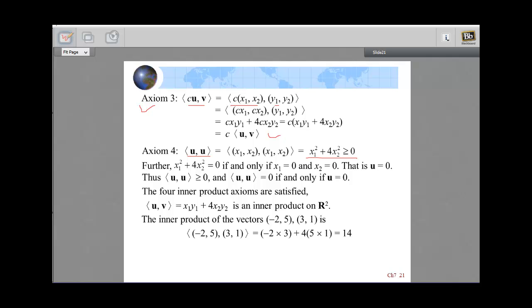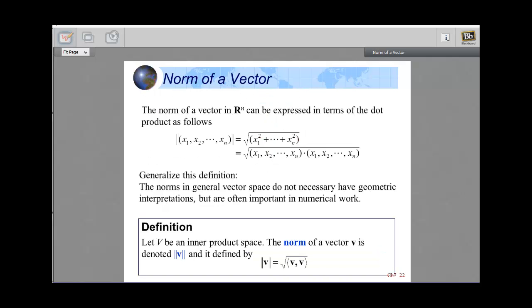So next thing is the norm of a vector space. Now we are going to discuss the norm, as I discussed in the starting slides. Here is how we can define the norm. Let V be the inner product space.